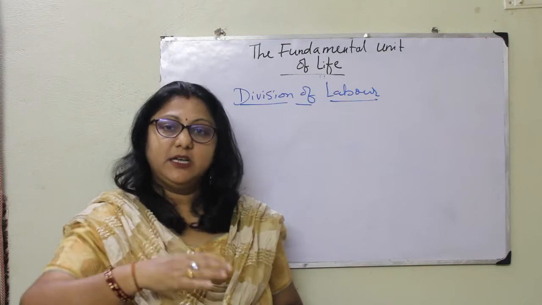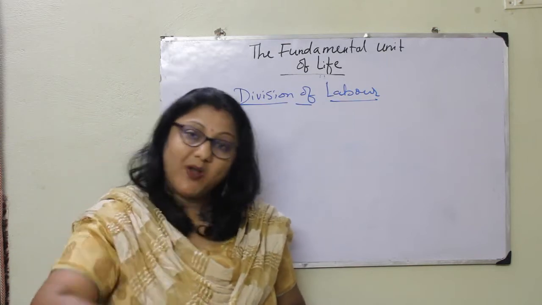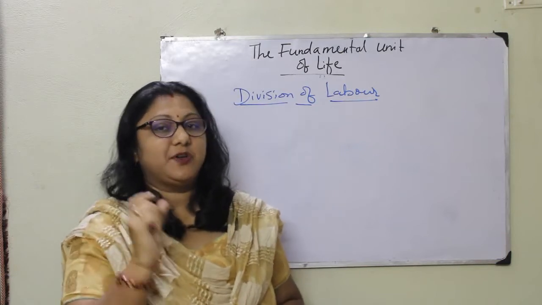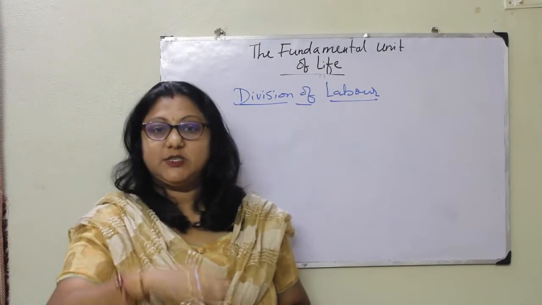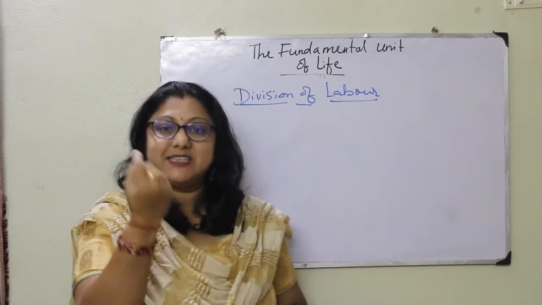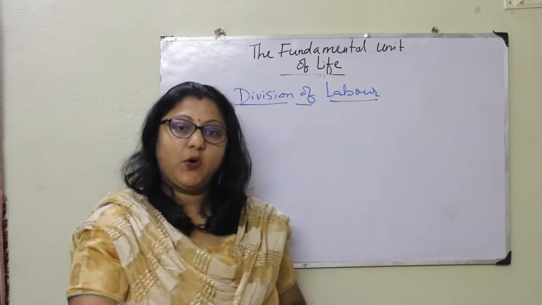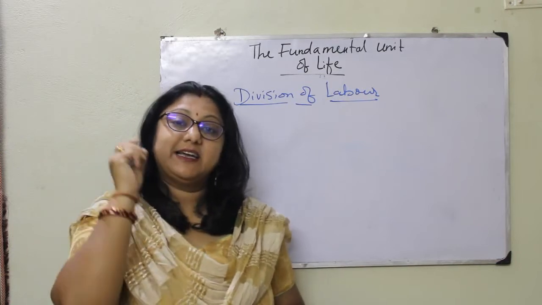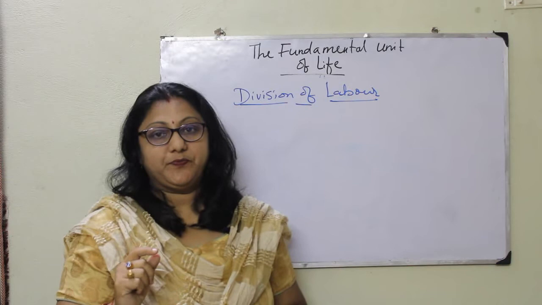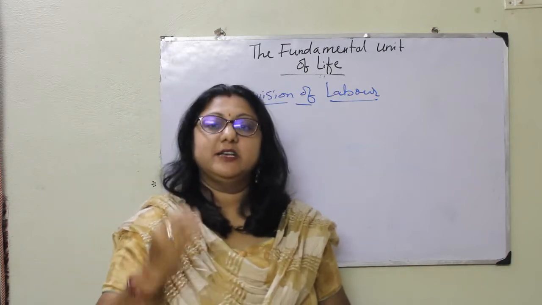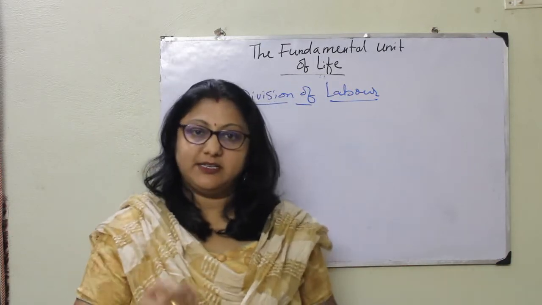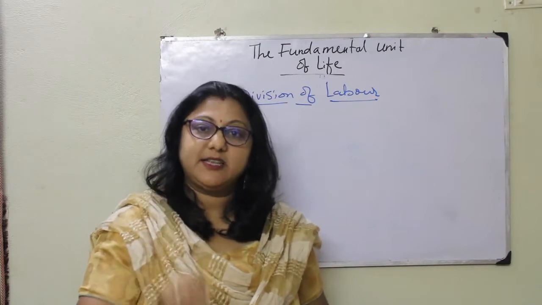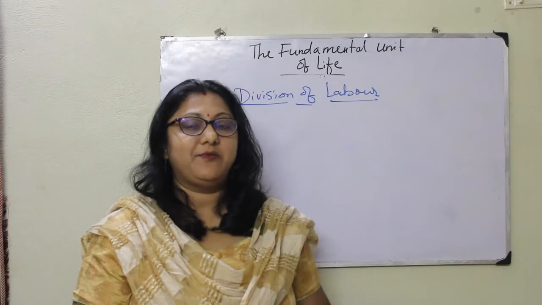Similarly, the cell is also exhibiting the character which is called as division of labor. Clear? So the cell as a whole, a single unit, can also distribute the work to different parts and it can sustain on its own. In a broader sense, when we discuss that we are surviving, it is because each and every cell in our body is surviving.